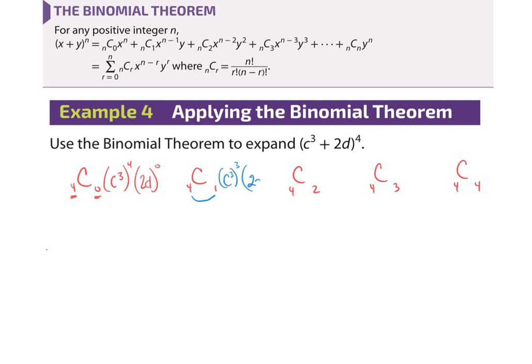And my last term is always going to be taken to this guy right there, 1. This is going to be c cubed, 4 minus 2, that's 2, 2d to the second power, 2, right? So I'm still going down for my first term, up for my second term, just like I did with Pascal's triangle. I'm just, those coefficients are being generated by my combinations versus the triangle itself.